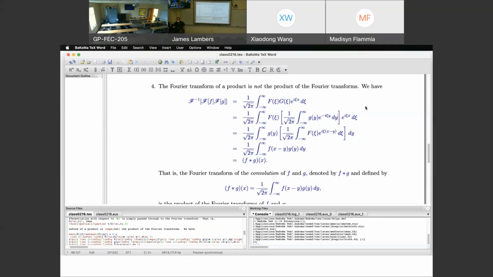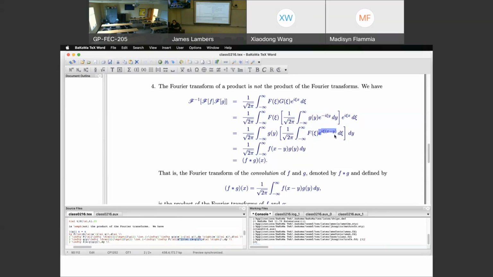Here I have inner integrals with respect to y, outer integrals with respect to c. Now I switch the order of integration. So capital F goes inside, but I leave the exponential e to the minus ixy here, and I take this exponential e to the ixx and move that inside now. So the exponentials are now combined, and then I have g of y sitting here.